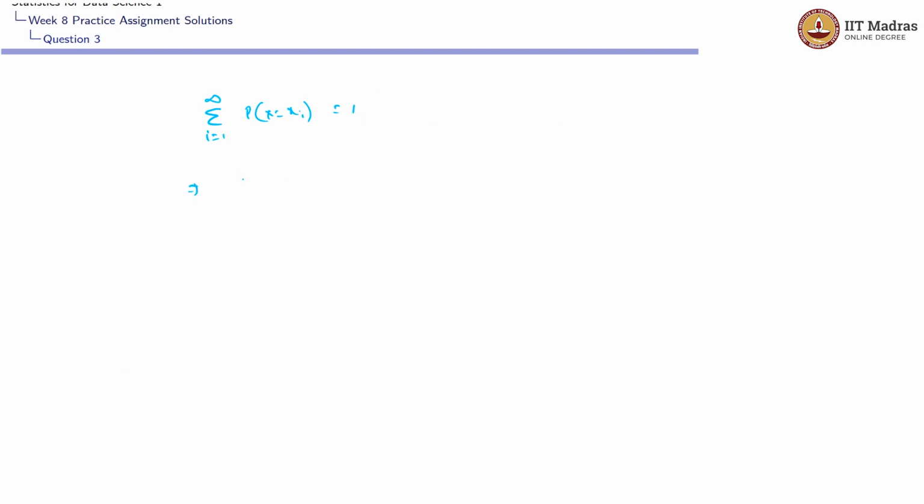This implies the sum over x equals 1 to infinity of P of capital X equals small x should be equal to 1. We substitute the value of this with 1 by 2 power x. This should be equal to 1. We'll just verify that.